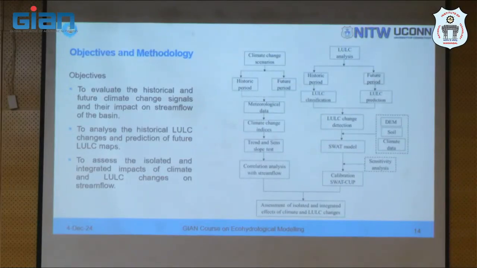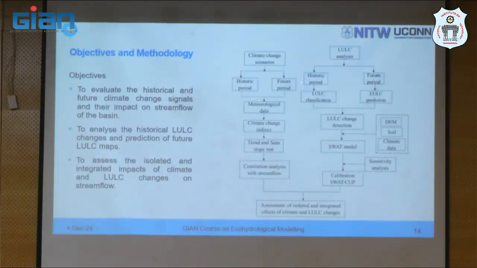We analyzed the climate change scenarios, we took the historic period, computed some climate change indices, ETCCDI indices, did slope test, trend analysis, and also analyzed the correlation with the streamflow, how an increase or decrease in these climate indices is affecting the streamflow.